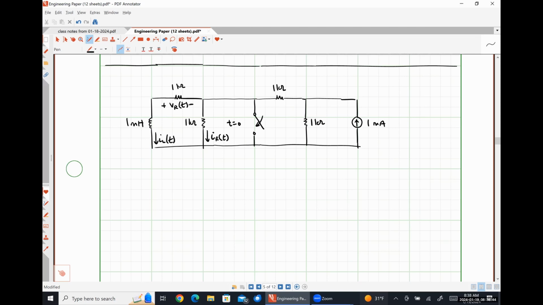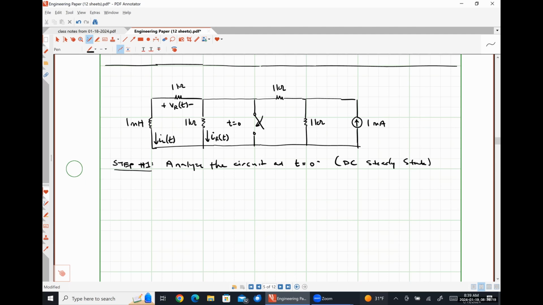So let's develop a step-by-step procedure for analyzing these circuits, okay? Our first step is going to be analyze the circuit at t is equal to 0 minus, and I'm just writing this out here as a reminder.